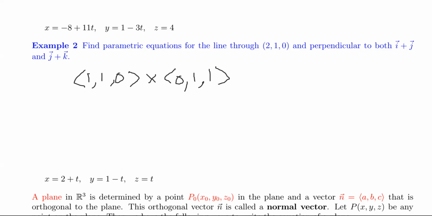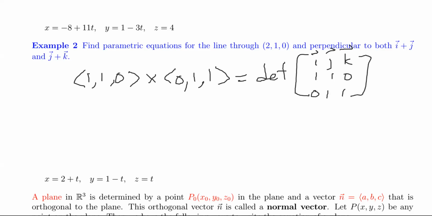Okay, that is the determinant of this 3 by 3 matrix. So that determinant is the vector 1 minus 0, comma, -1 minus 0, comma, 1 minus 0.